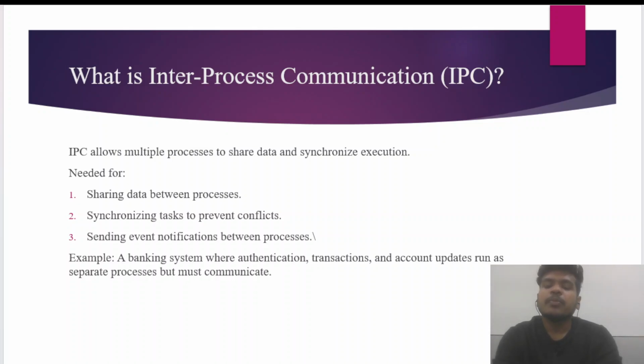A real world example of this is a banking application where one process handles user authentication, another handles transactions, and another updates the account balance. These processes must communicate efficiently to ensure seamless banking operations.